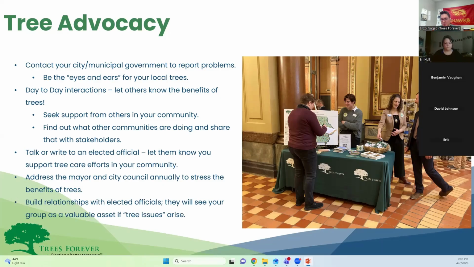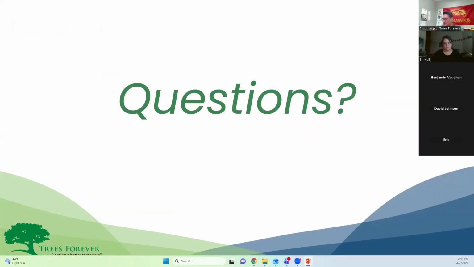If they start to see you or your group as valuable assets for tree issues, then you'll remain a stakeholder in that process, and that can be very useful. But trees need champions, and we hope that with the knowledge that you've all learned with us, you'll become those champions.